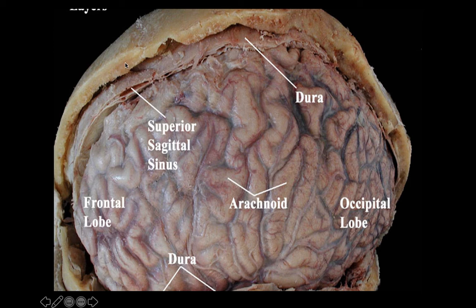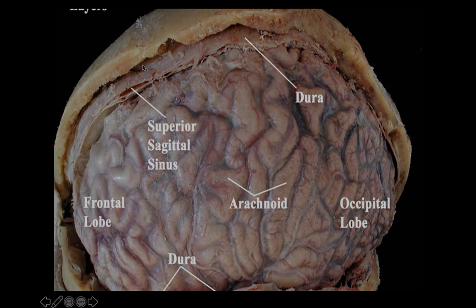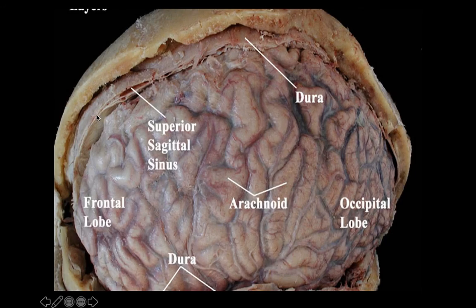Now, between the skull bone and the dura, you can see there is a little bit of a space, and this is called the epidural space. Between the dura and the next layer, which is the arachnoid, there is a space called the subdural space. And then you have the arachnoid.